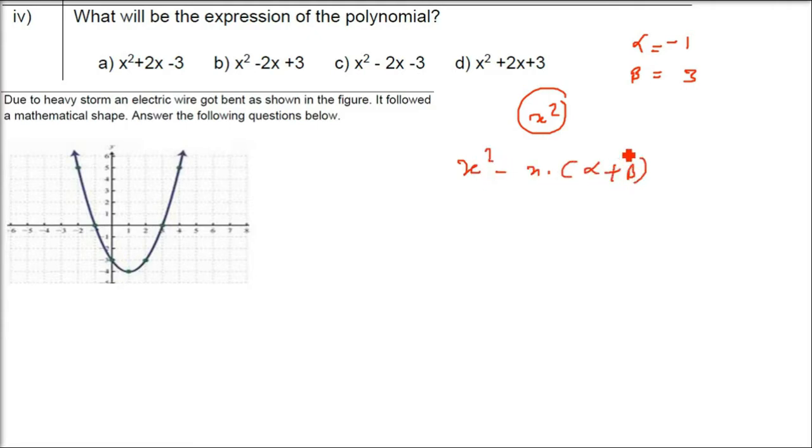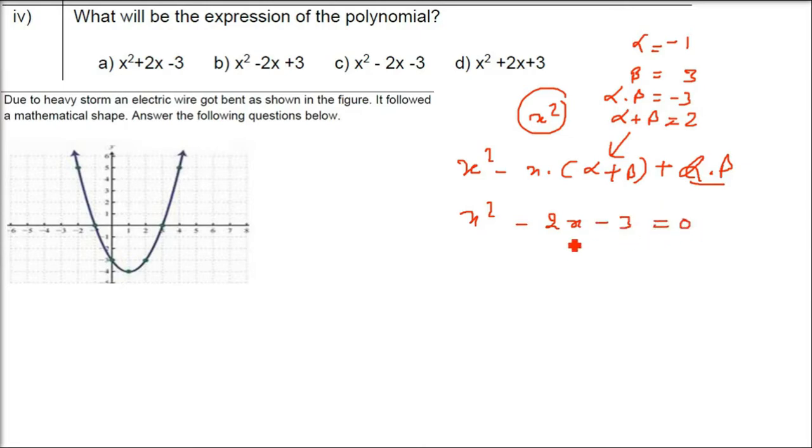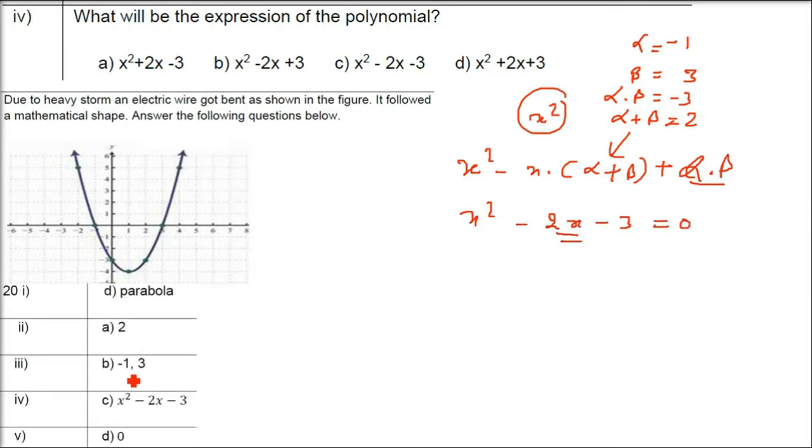What is the formation of this quadratic? x square minus x into (alpha plus beta, the sum of the roots) plus alpha into beta, the product of the roots. Alpha into beta will be 3 into -1, which is -3. And alpha plus beta is 3 minus 1, which is 2. So just put in here: x square minus 2x minus 3 is the expression of the polynomial.